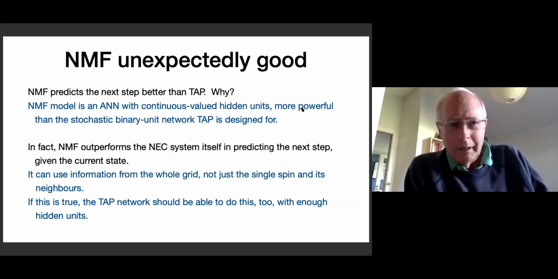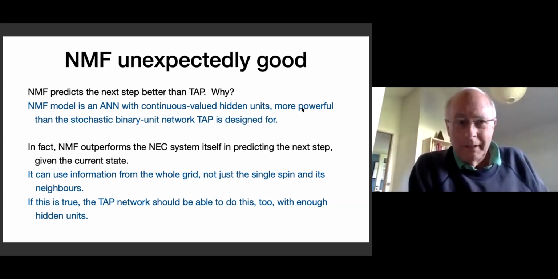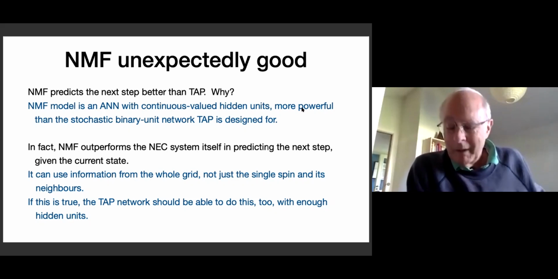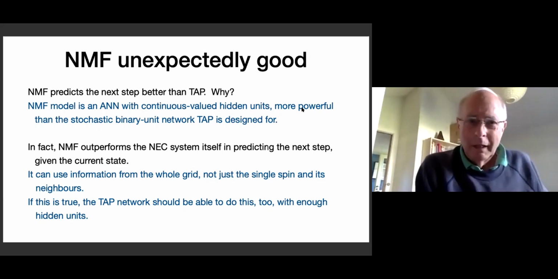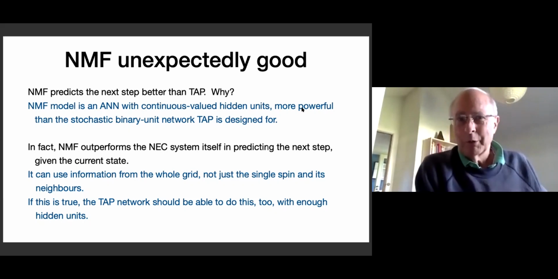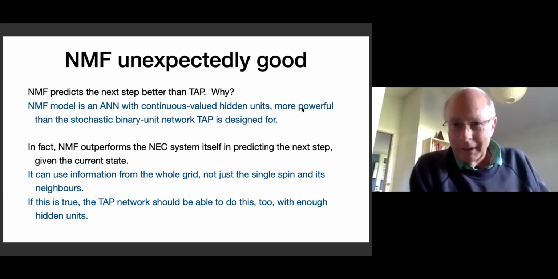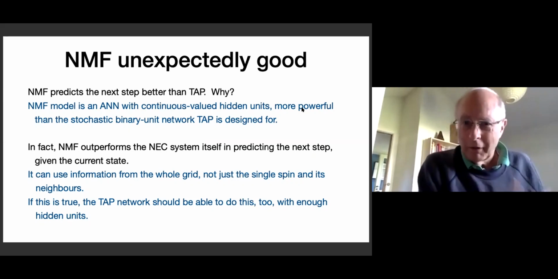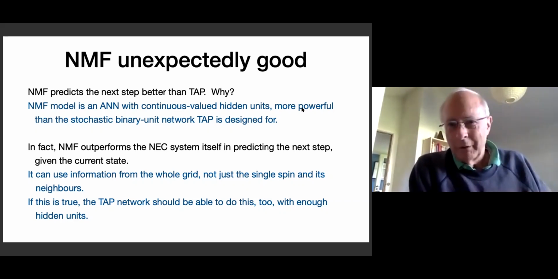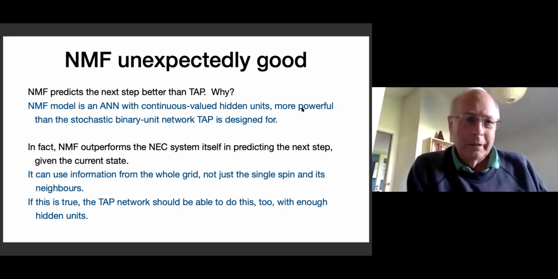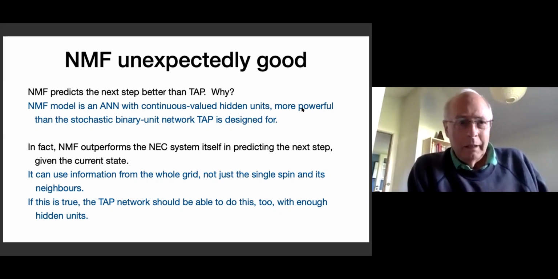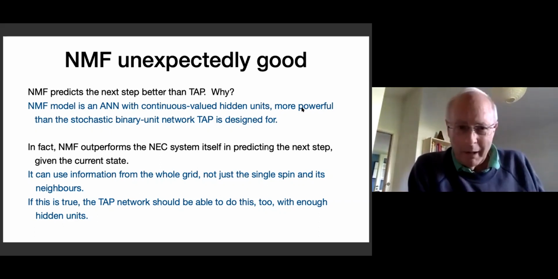When I tested the naive mean field theory model, I used continuous valued hidden units, whereas when I tested the TAP model, because it was supposed to be a theory of stochastic units, I used stochastic hidden units. The continuous valued hidden units are more powerful for this size network than a stochastic binary unit. In fact, it went up to a value above what you got from the NEC system predicting itself, which seemed kind of paradoxical.